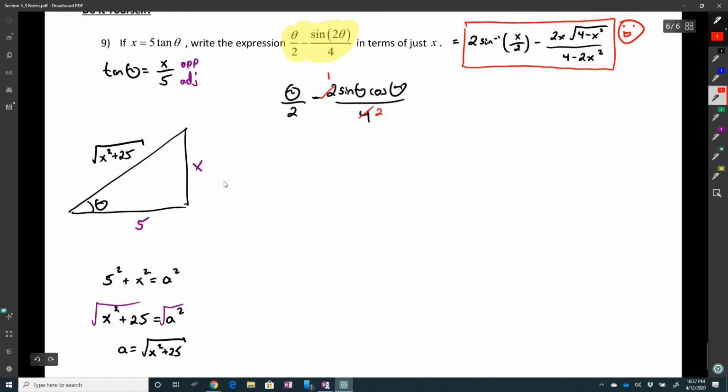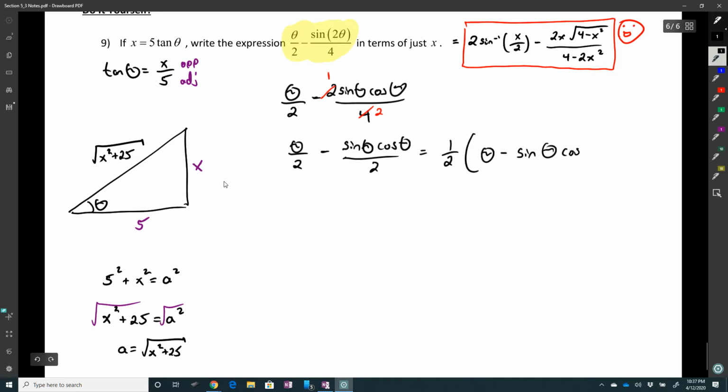That's just 1/2. So theta over 2 minus sine theta cosine theta over 2. So that's just 1/2 times theta minus sine theta cosine theta.